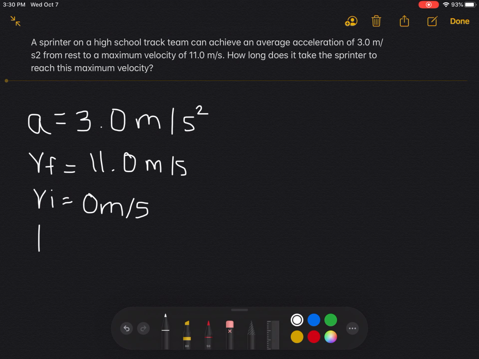How long does it take the sprinter to reach his maximum velocity? So T is the piece of information we're missing.